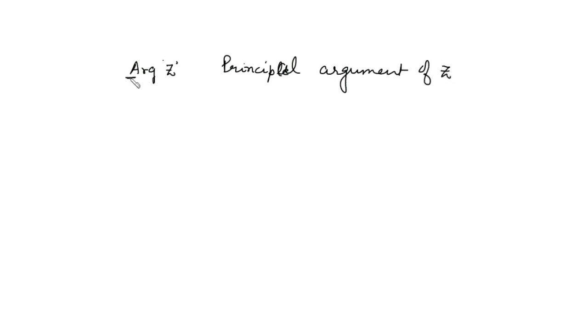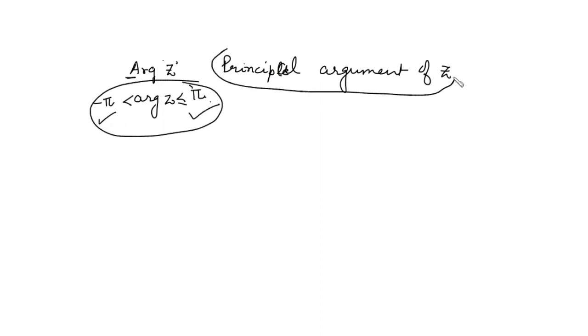This is denoted by capital ARG. This is that value of argument of z which lies between minus pi and plus pi. So the value of theta which lies between minus pi and plus pi is said to be the principal argument of z.